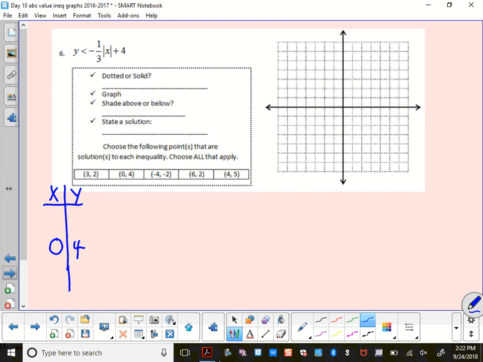I don't like decimals. So I have -3, 3. -6, 2. 3, 3. And 6, 2.